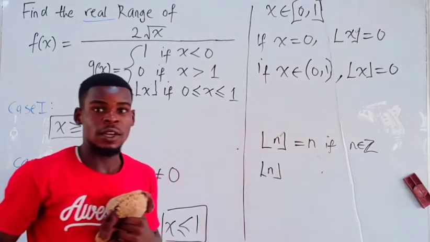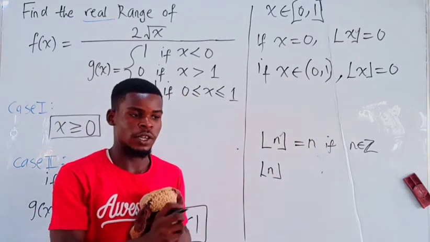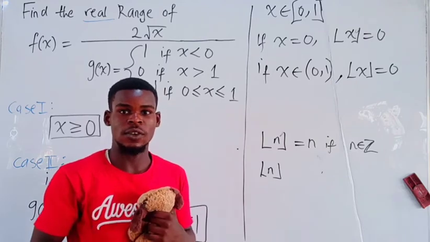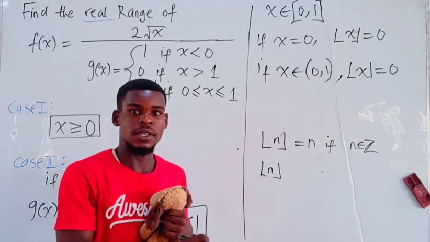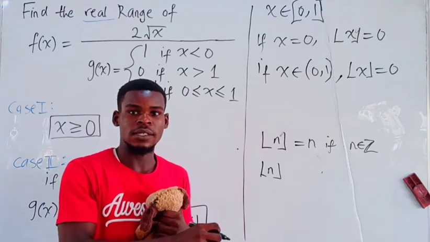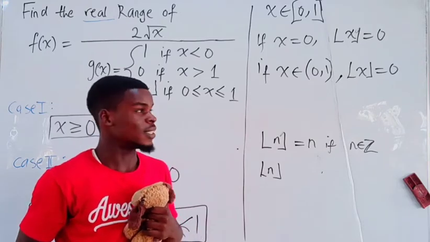Because for any number between 0 and 1, for example, 0.1, the floor function will take us back to 0, because 0 is the greatest integer less than 0.1. If x is 0.9, then the floor function will take us back to 0, because 0 is the greatest integer less than or equal to 0.9. Good.